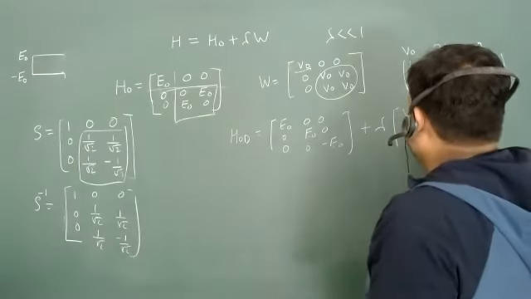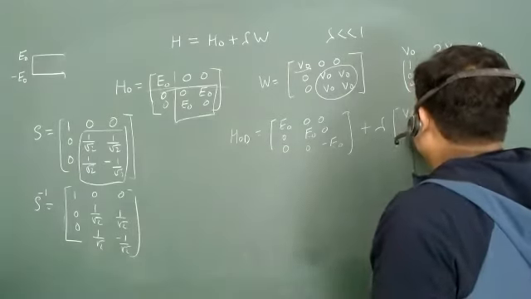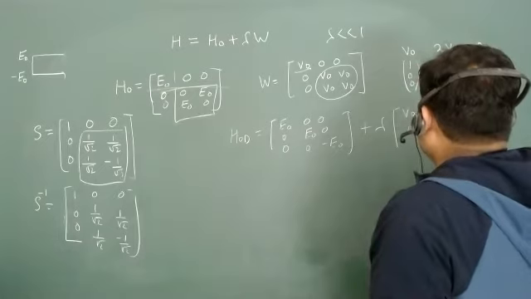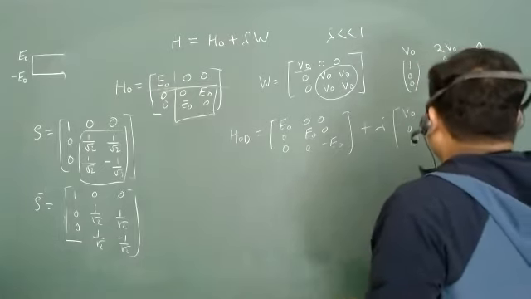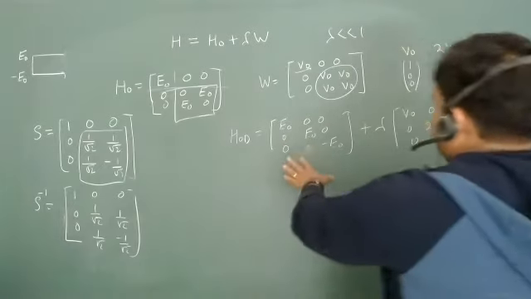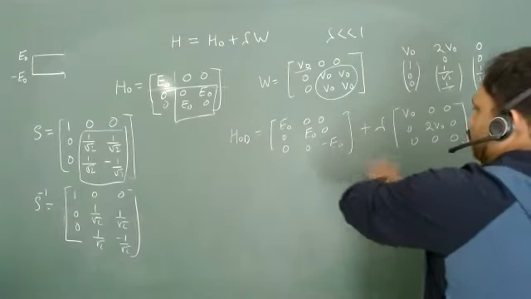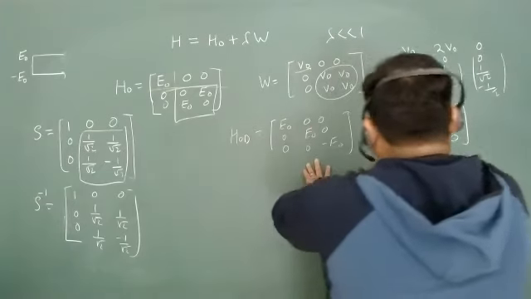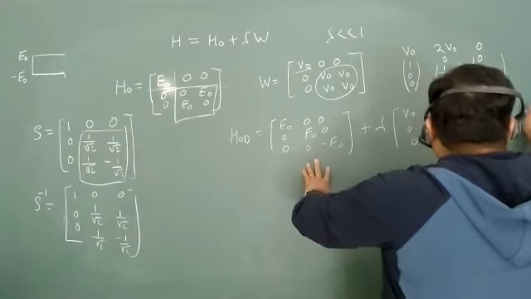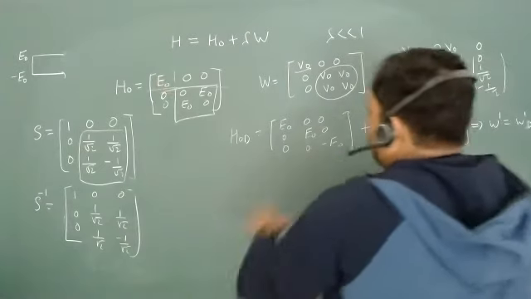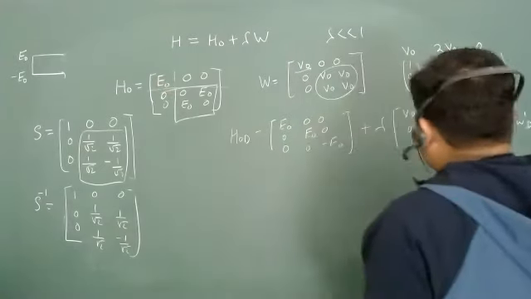W dash is V0 0 0 0 to V0 0 0 0 and 0. So this is my diagonalized H0 D, and W dash is actually W dash D. So you have this particular information.